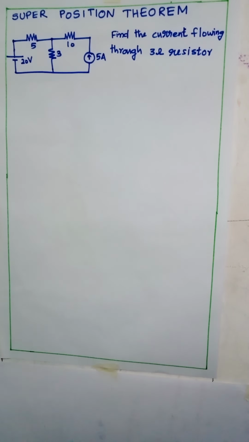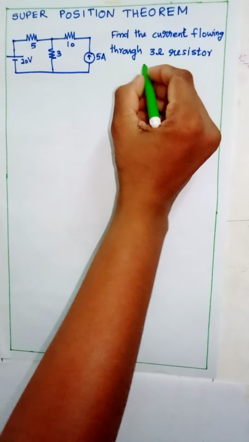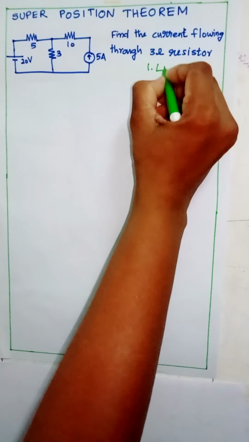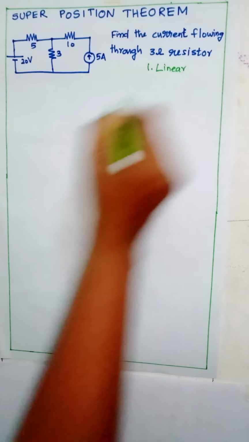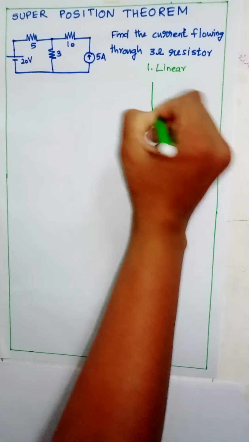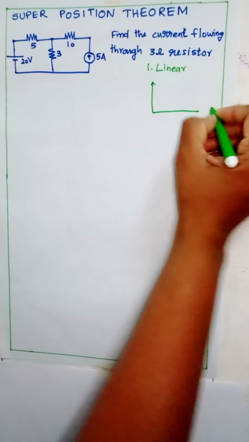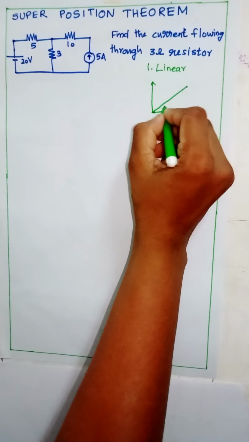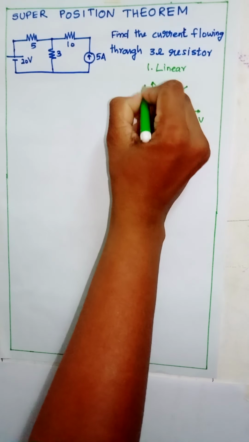The basic requirement of a superposition theorem is that the circuit should be linear. That means this is the characteristics of a linear circuit. This is voltage and current.